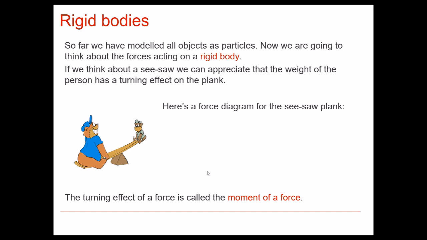So here's a little example to consider to start off with. We have two characters here on this seesaw. Clearly the one on the left is larger, has more weight than that poor little fellow on the right. So when we draw this diagram, we're going to have several forces acting on this plank.